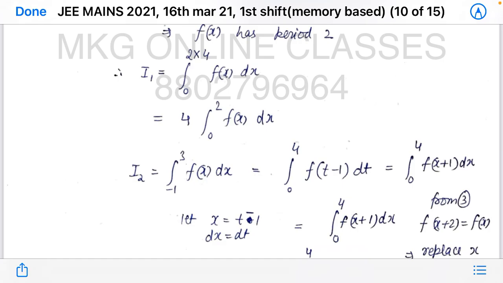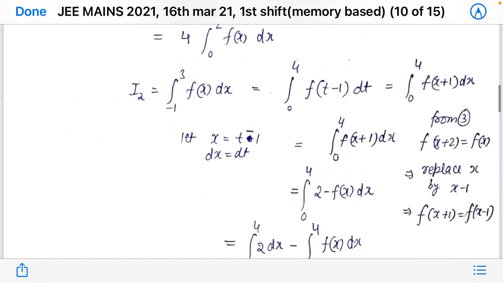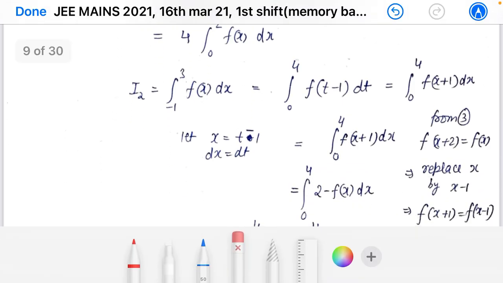Now you know that f(x plus 2) is equal to f(x). If I put x minus 1 in place of x, here I will be getting f(x minus 1), and here f(x plus 1). So f(x plus 1) and f(x minus 1) will be equal.